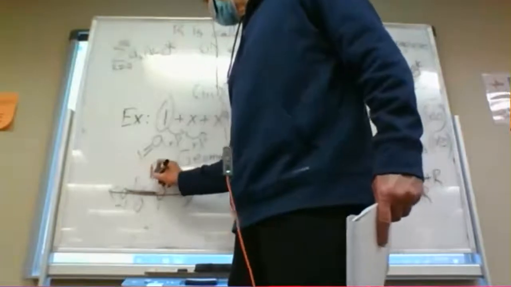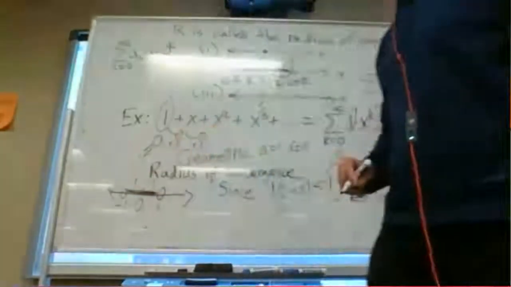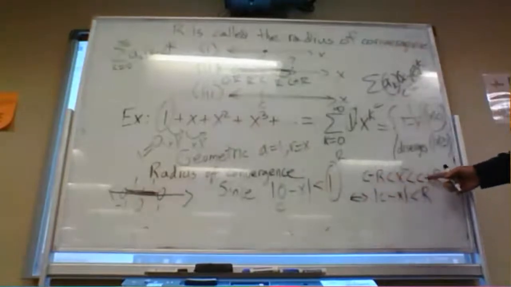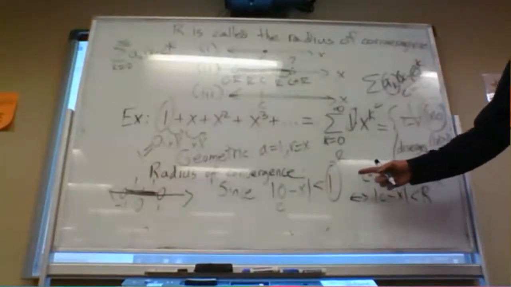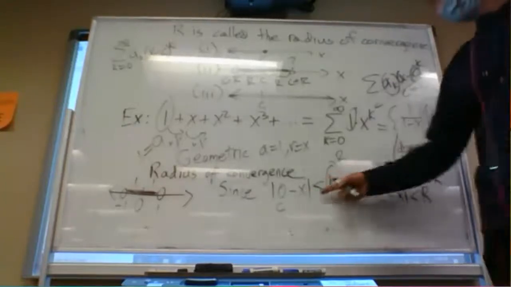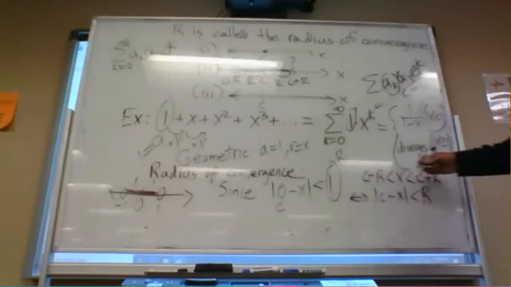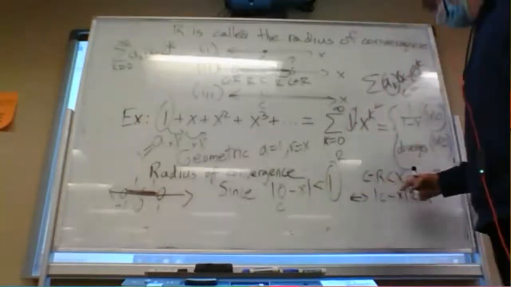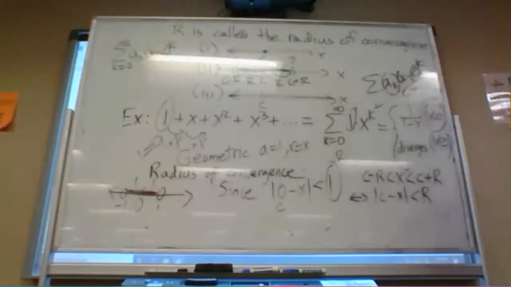The other way to do that is just draw the interval. You can draw the interval and say c is equal to 0, and it converges from minus 1 to 1. Sketch this in. This is called the interval of convergence. And then you see, oh, it converges 1 unit to that side and 1 unit to that side, so r is 1. So you can draw the picture and see what r is, or you can rewrite absolute value of x less than 1 as this kind of thing.